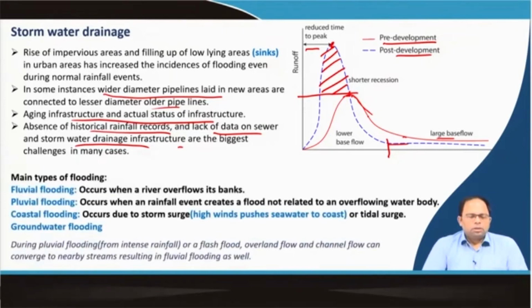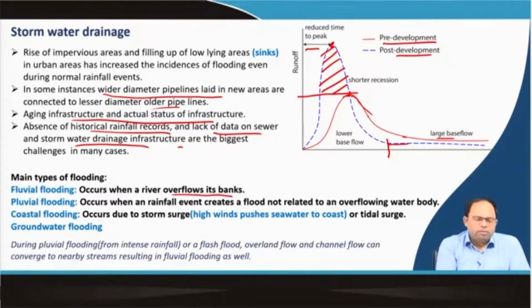So, when we talk about floods in urban areas, there are different kinds of flood. The first type is fluvial flooding. There are other kinds in addition to the 4 types that we have given here, but these are the main 4 types. So, fluvial flooding is when a river overflows its banks.